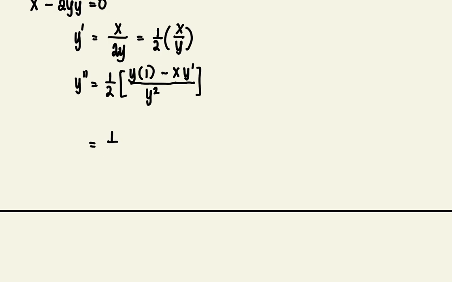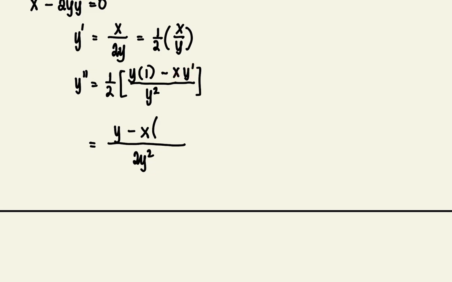Next we are going to simplify, or we can just multiply 2 now here. So now it's 2y squared. That's y in the numerator minus x, which is multiplied by 2 here. Then that's y minus x, and then we're going to substitute y prime.